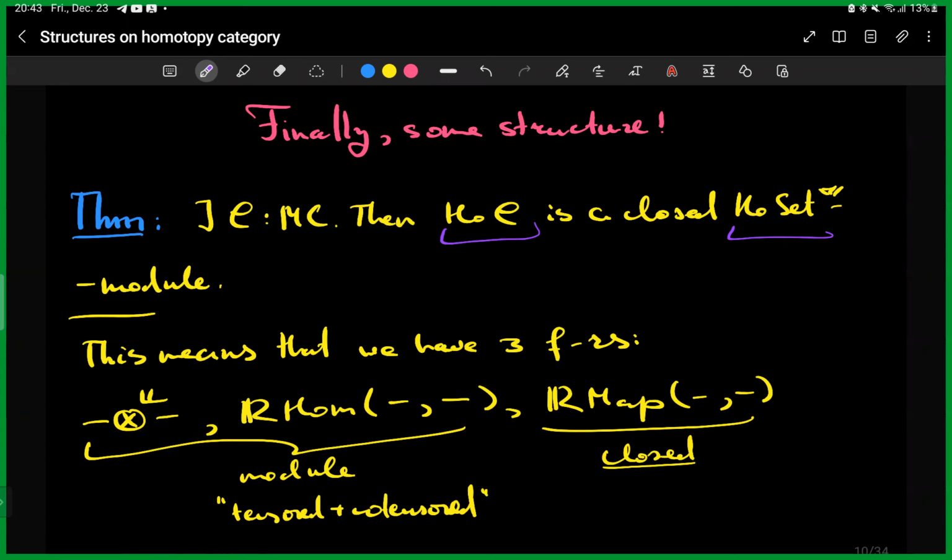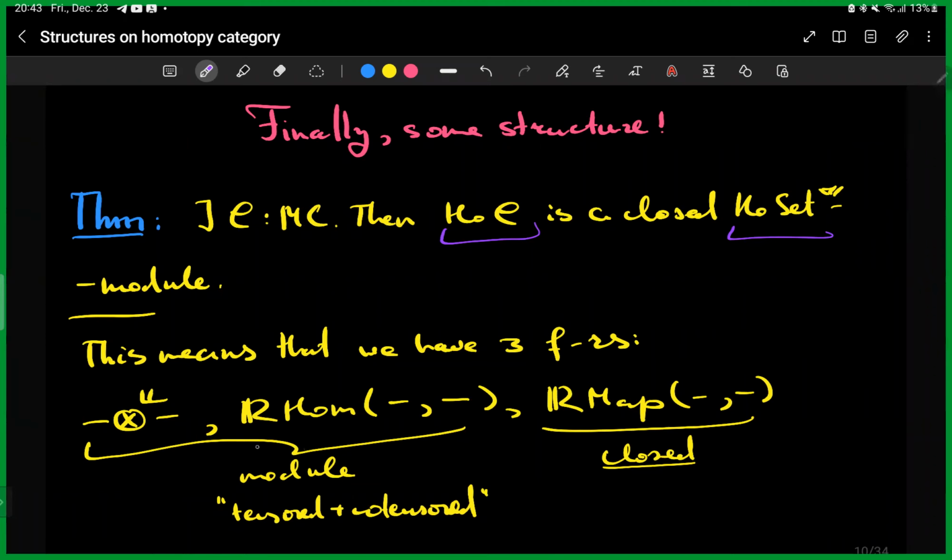So what does it mean that it is a module? Well, it means that we have three functors. We have this tensor product, which here is denoted by tensor L, but if we are just thinking about abstract modules over monoidal categories, it doesn't really matter.